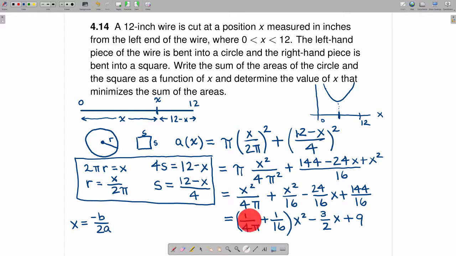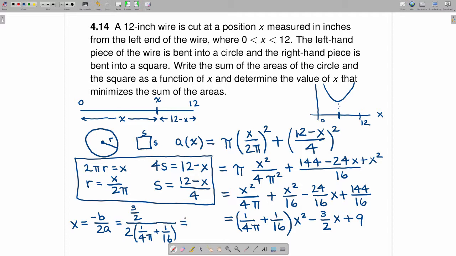So in this particular equation, your negative b is going to be 3/2. That's up in the numerator. And your 2 times a is this quantity right here. So we have 2 times 1 over 4 pi plus 1/16.